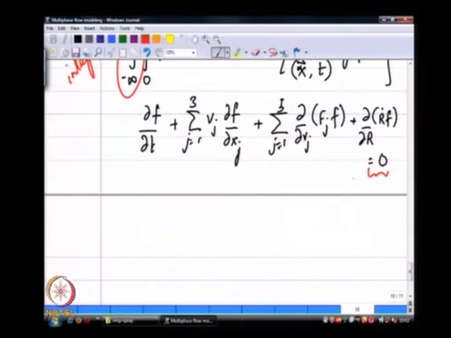So, S_C and S_T are 0, and this is what we call a dilute, non-evaporating spray.